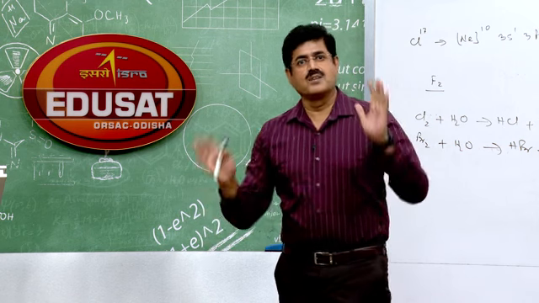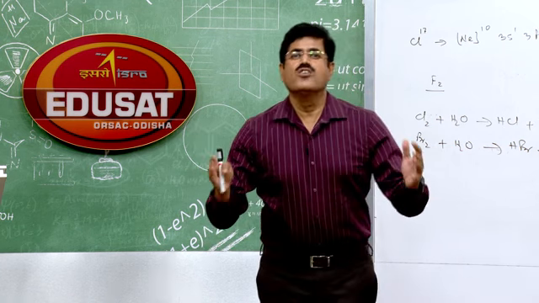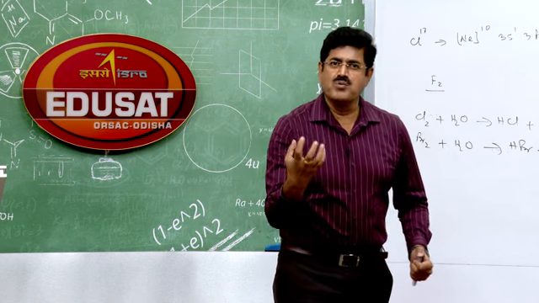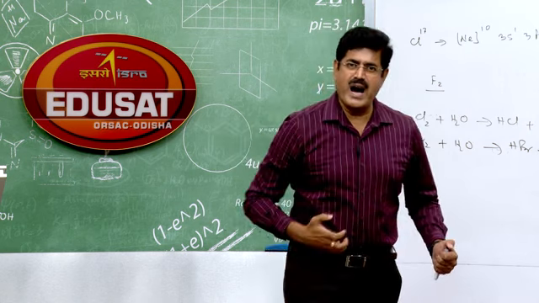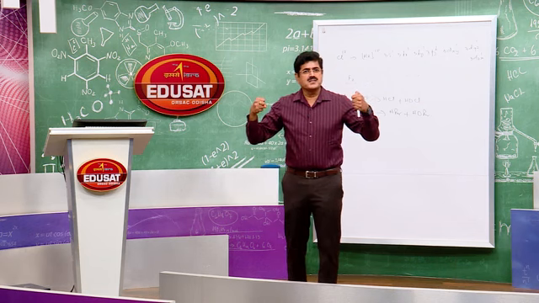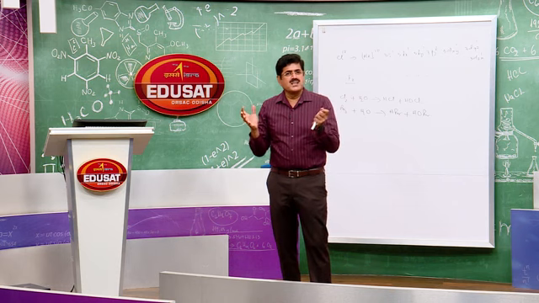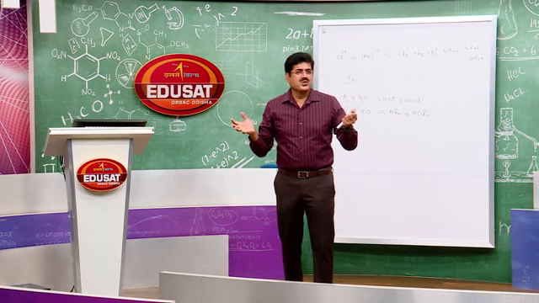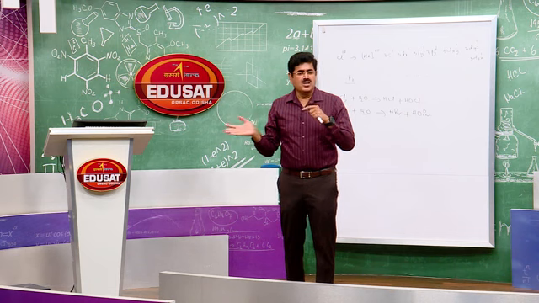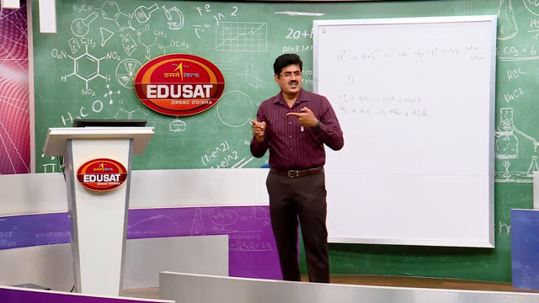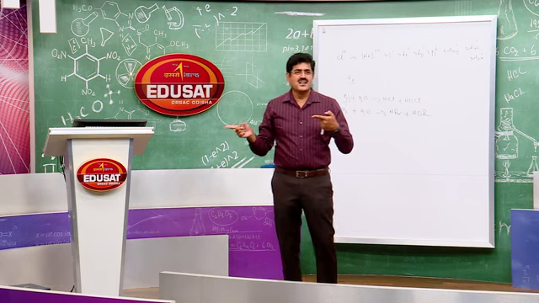HF has the highest boiling point because of hydrogen bonding. Other halogen acids have no hydrogen bonding. Then which factor is responsible for higher boiling point? Van der Waals forces of attraction, the dipole-dipole attractions. So, molecular mass and molecular size matter now. The next halogen acid with the higher boiling point is HI. So, HF > HI > HBr > HCl.